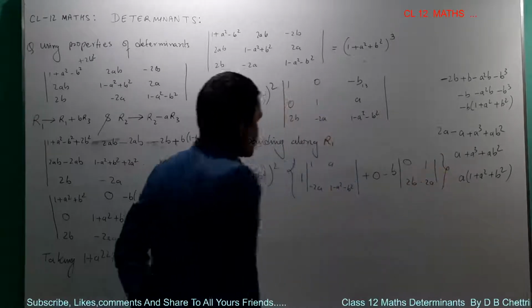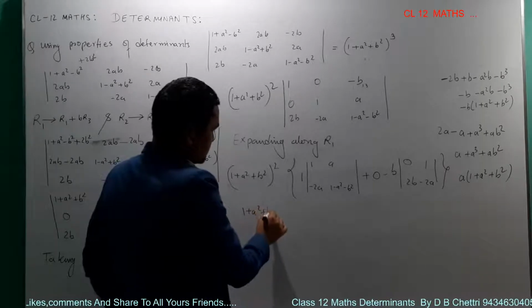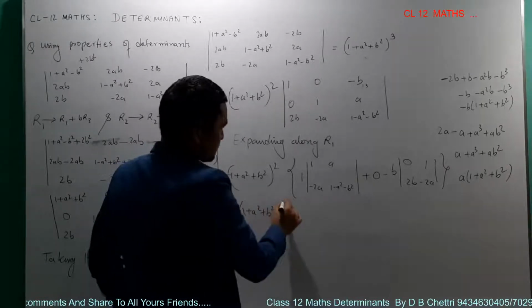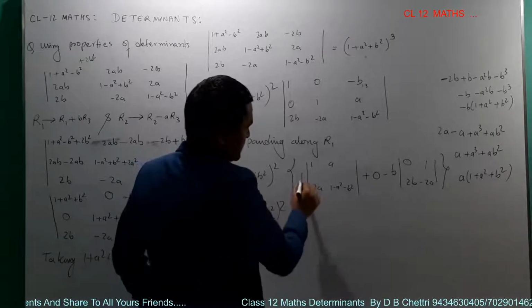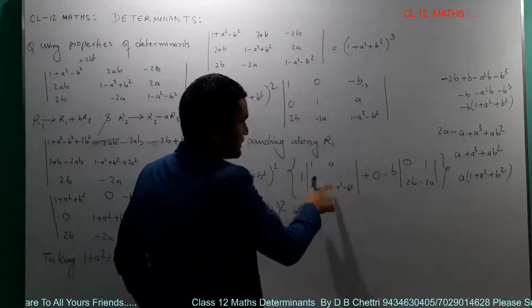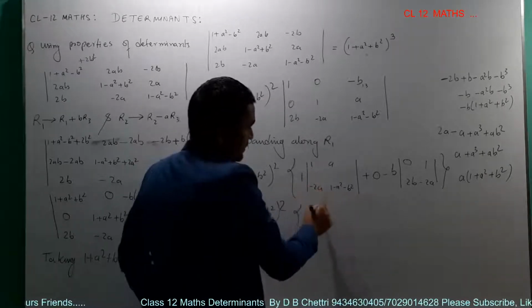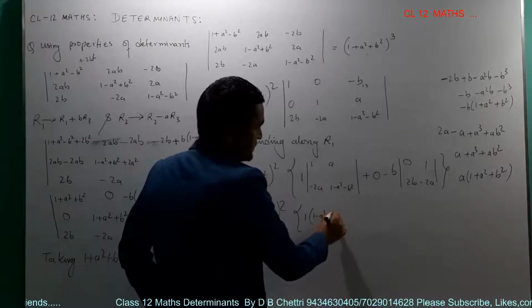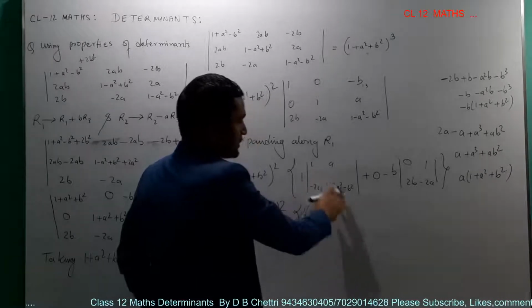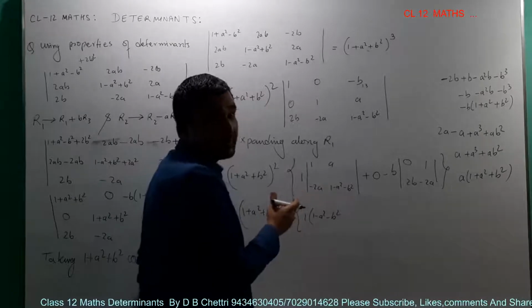Now simplify this. 1 plus a square plus b square, whole square. Then 1 multiplied, with cross multiplication, you know how to simplify the minor: 1 minus a square minus b square. After multiplying this pair, to multiply the other pair we have to use the minus sign first.